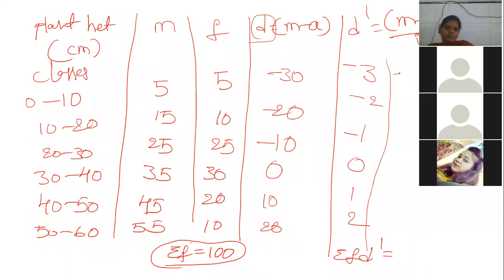Minus 15, minus 20, minus 25, 0, 20, and 20. So how much will sigma f d dash be? Minus 20, ma'am. Minus 20.